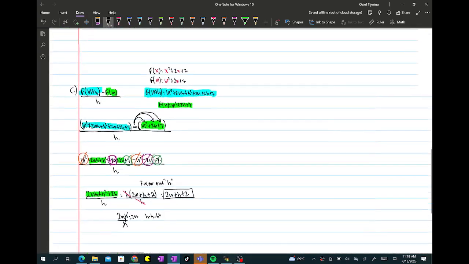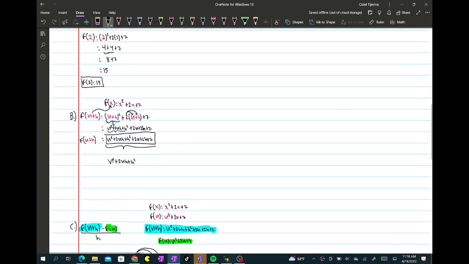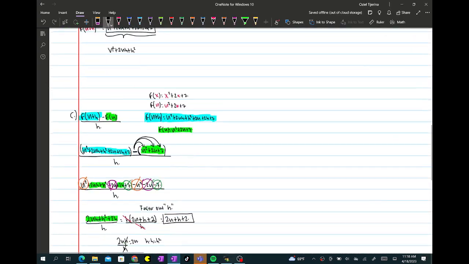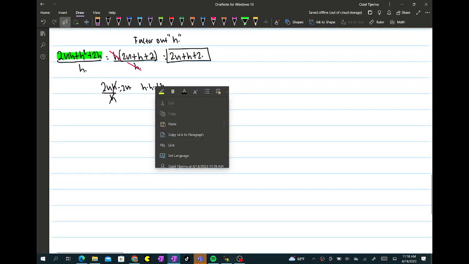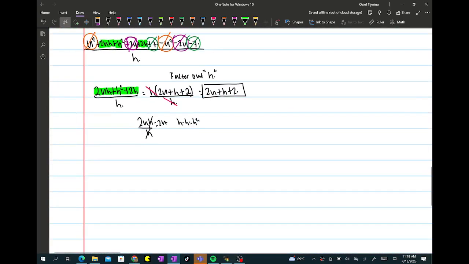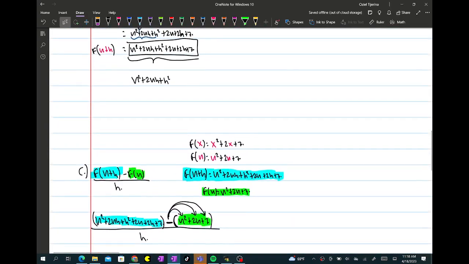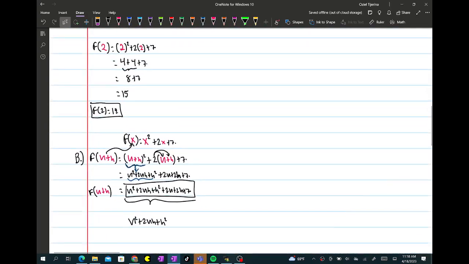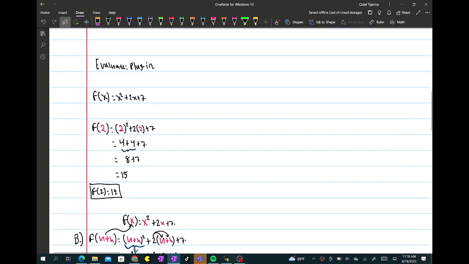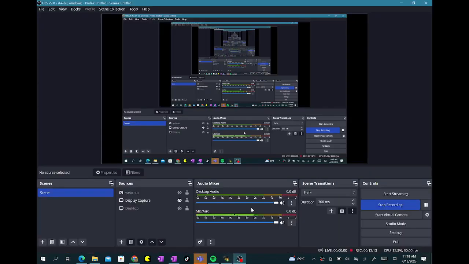And let's see, I believe that was it for that one. So really, this is how you evaluate functions, and basically that is the idea of evaluating functions and using function notation to be able to evaluate functions.